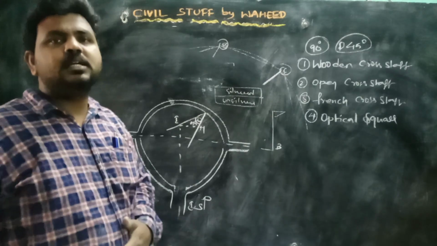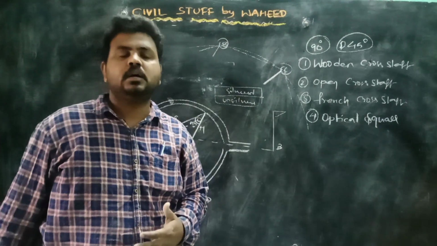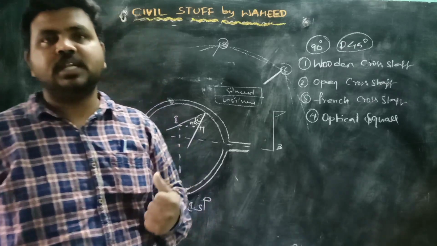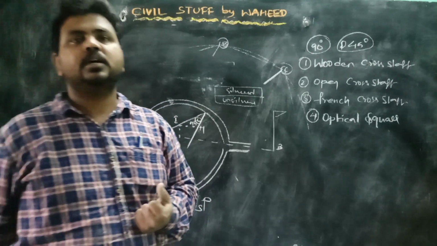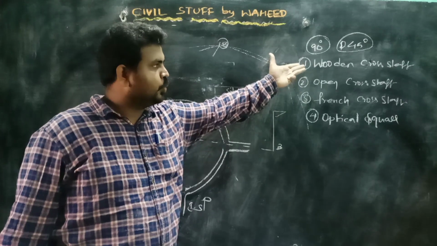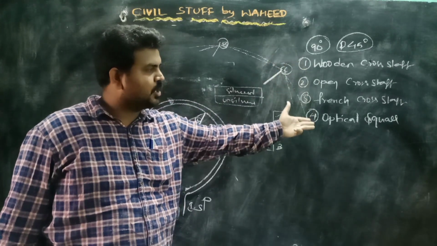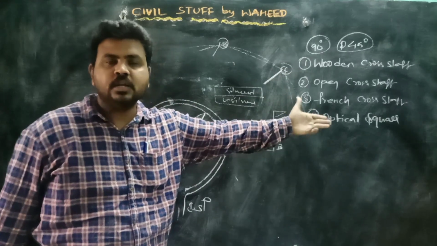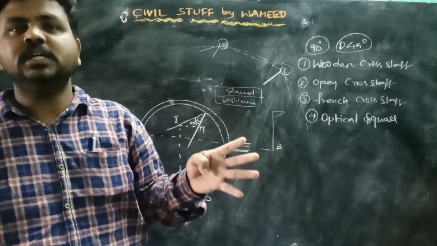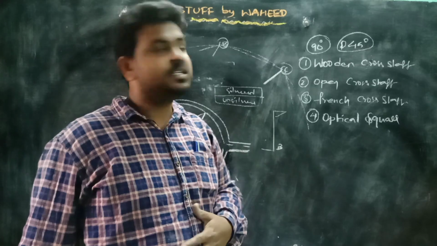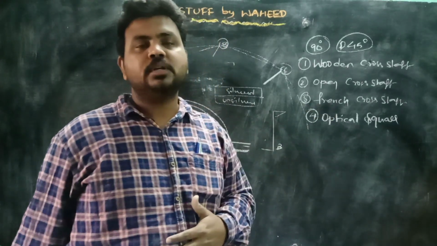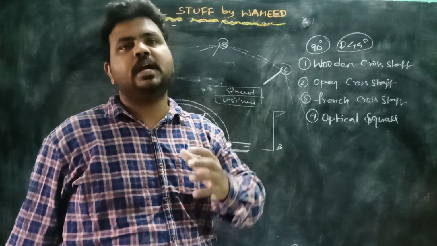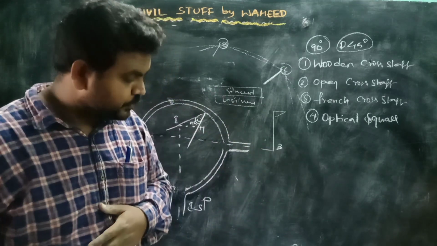So these are the 4 types of cross staffs we regularly use in our laboratory works: wooden, open, French and optical. Wooden, open and optical, these 3 are used for setting out 90 degrees perpendicular offsets, whereas the French cross staff alone can be used for fixing 45 degrees offset and 90 degrees offset.